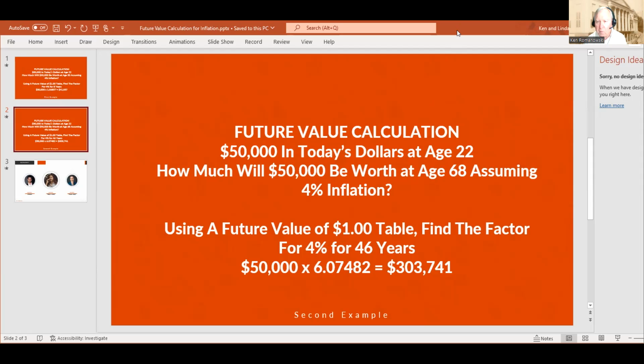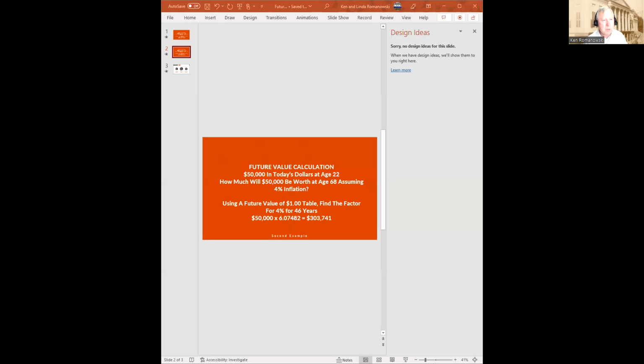We're going to look for 4%, and there's 4% right here. But now we've got to go all the way down 46 years, because from age 22 to 68 is 46 years. So the factor that we'll be using, 4% inflation, 46 years, is 6.07482.